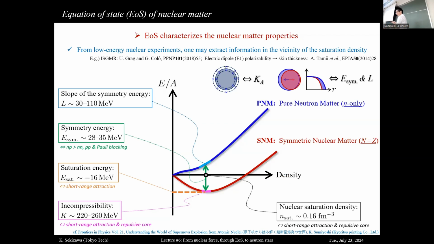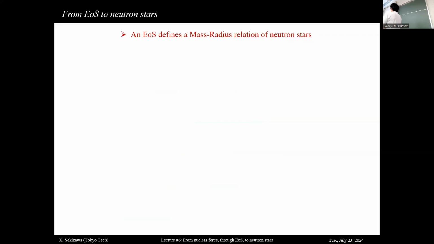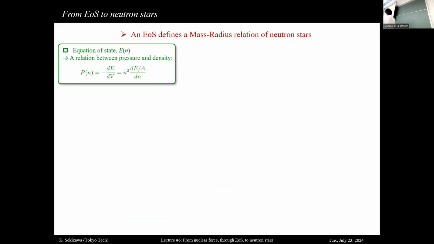But anyhow, once we have this energy as a function of density, the so-called EOS, we can readily calculate the mass and radius of a neutron star. So how to do it?